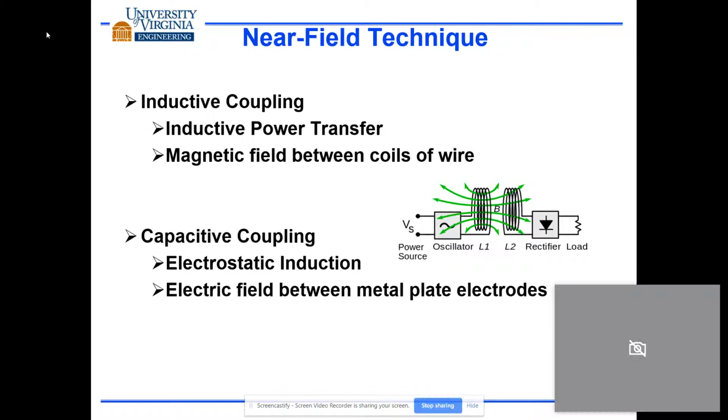Once that AC current is in the receiver, it will either drive the load directly or be rectified to DC. Capacitive coupling follows a similar concept. However, now we're in the electric domain, where the electric field is generated between the metal plate electrodes.